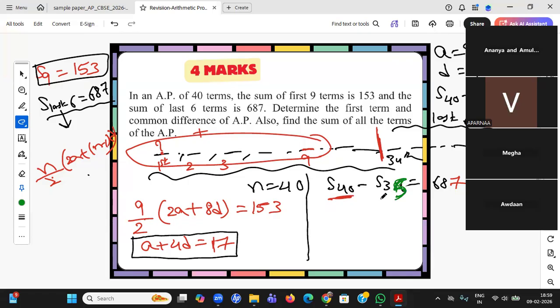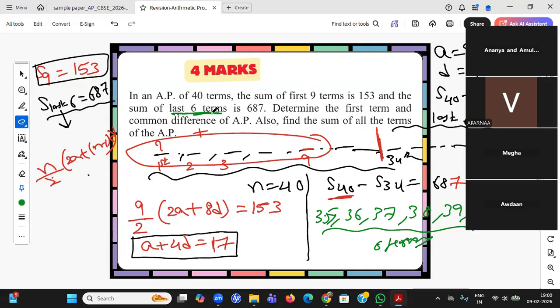Sir, but when we are subtracting, we don't consider 1, right? When we are counting, we usually say after 35, but we are considering the 35th also. I want 6 terms: the 35th, 36th, 37th, 38th, 39th and 40th term. You see, I get 6 terms if I subtract up to 34.